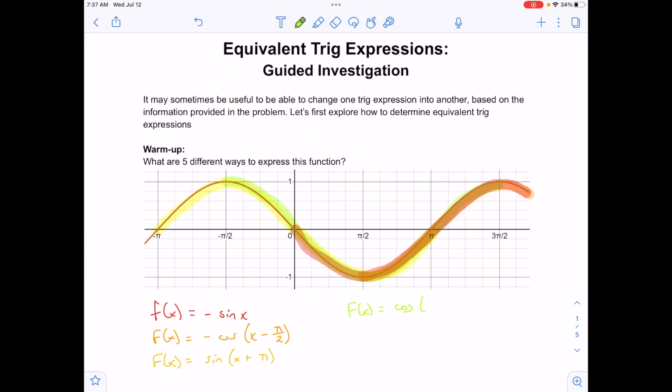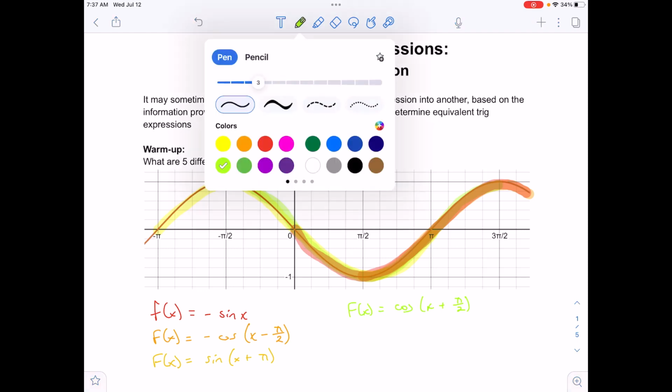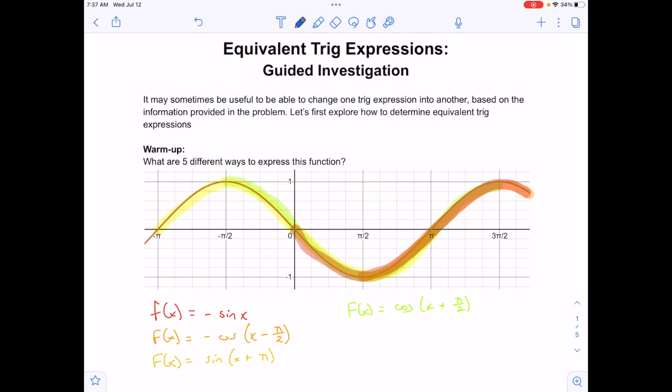It's just been shifted pi over 2 to the left. And then one more. Where else could we go with this? We could do a sine graph that starts at pi instead, so shifted that way if you wanted.